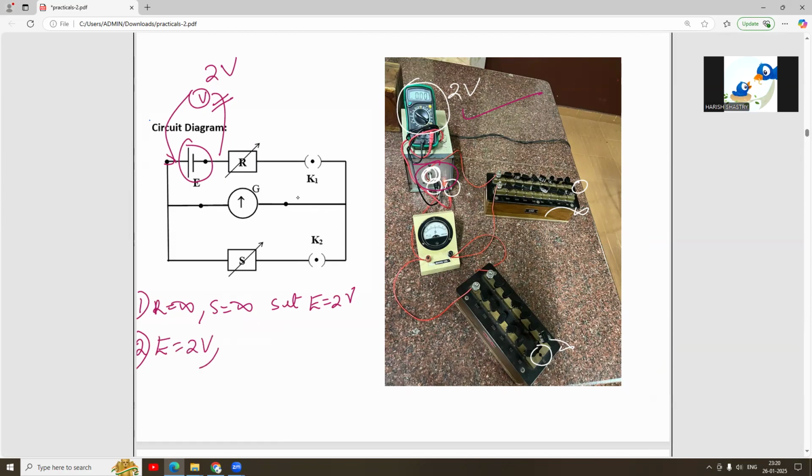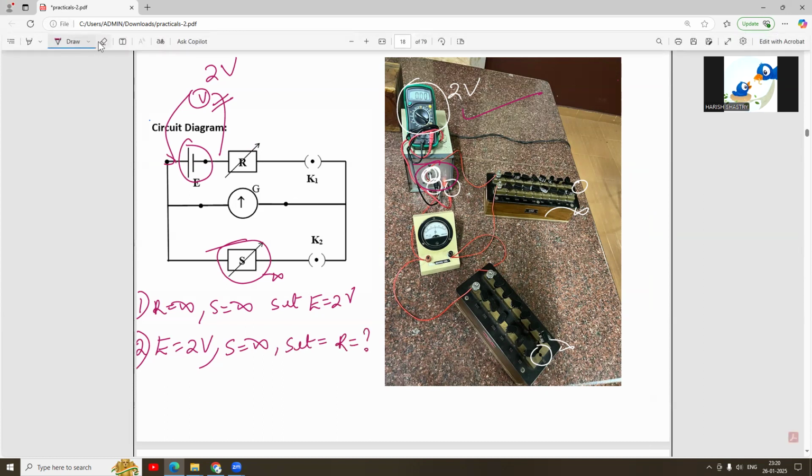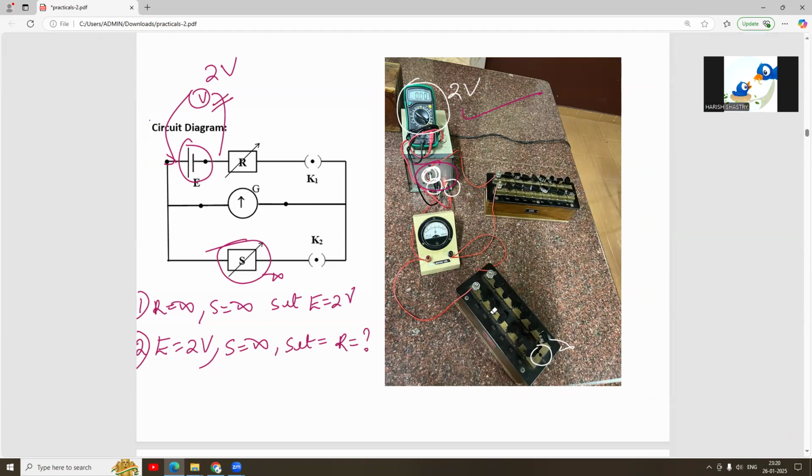Now let S be infinity only. That means this is open. This is infinity only. We are not going to change this. But now set R. What do you mean by set R? You know that S is in parallel with the galvanometer.